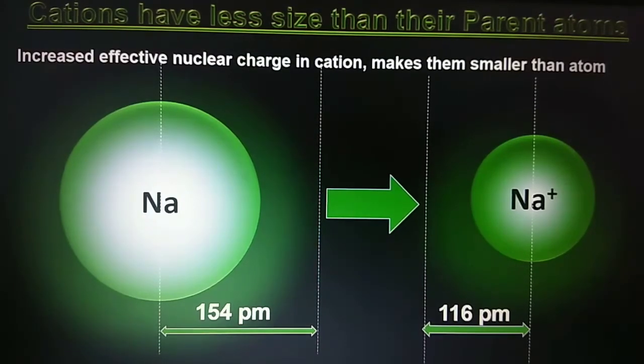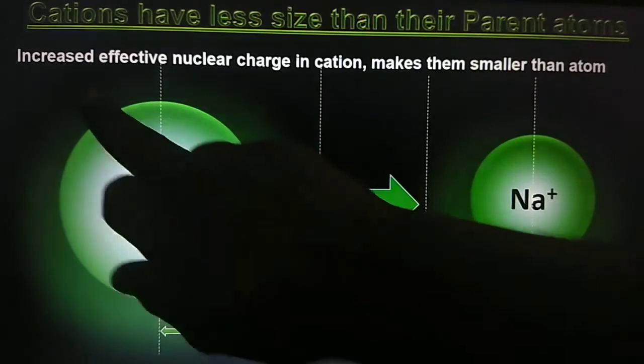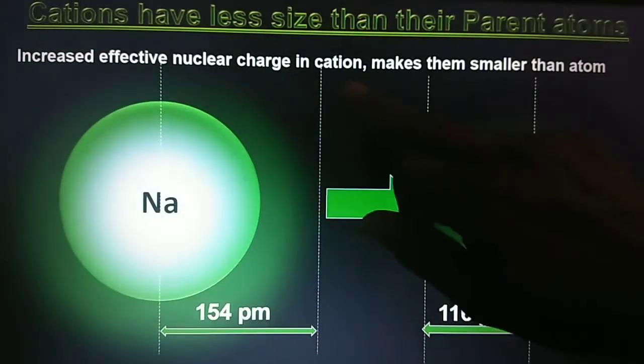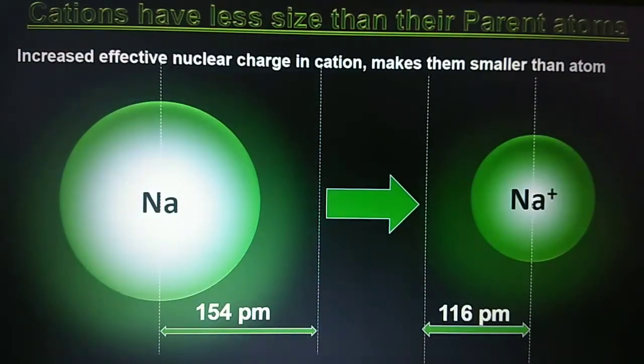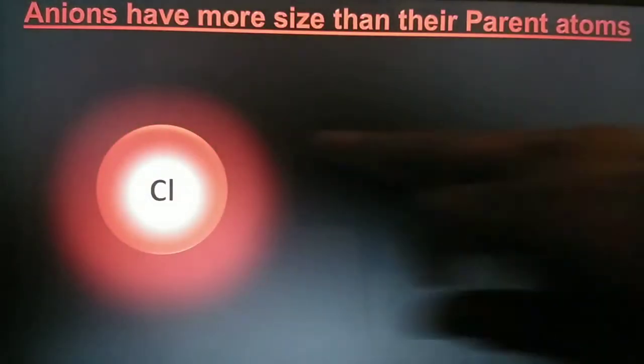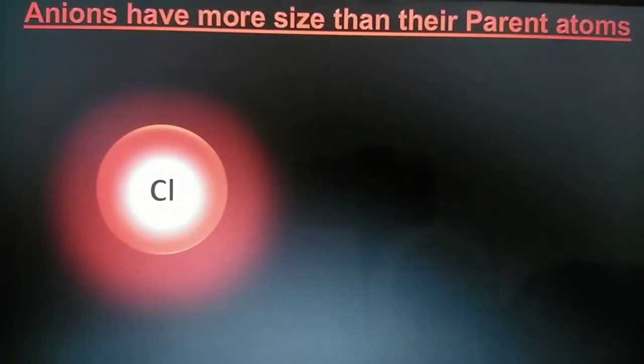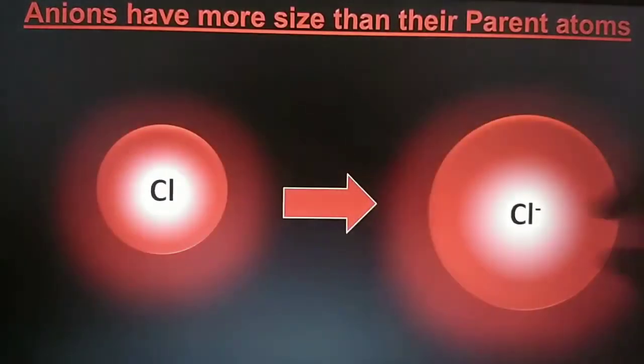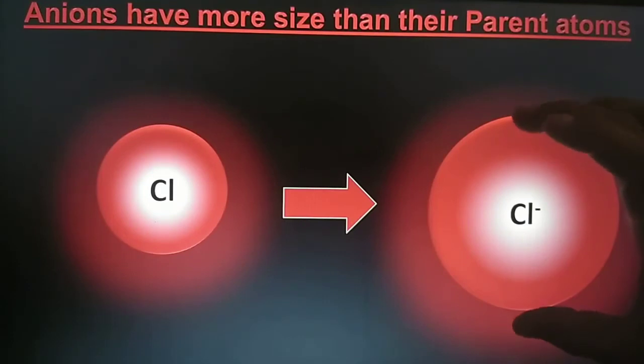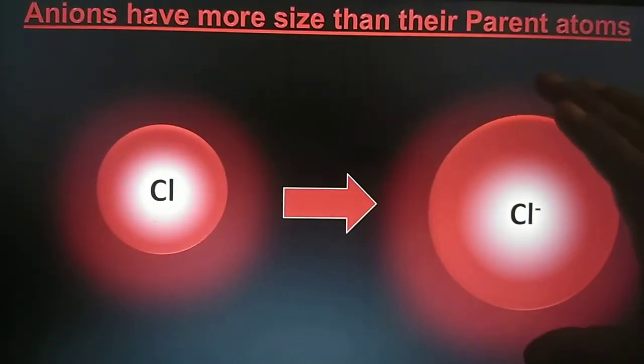So in this case, as we know, increased effective nuclear charge in a cation makes it smaller than the atom. And for anions, for example, suppose we have a chlorine atom, and when this chlorine atom gains one electron to become a bigger chloride anion, right?